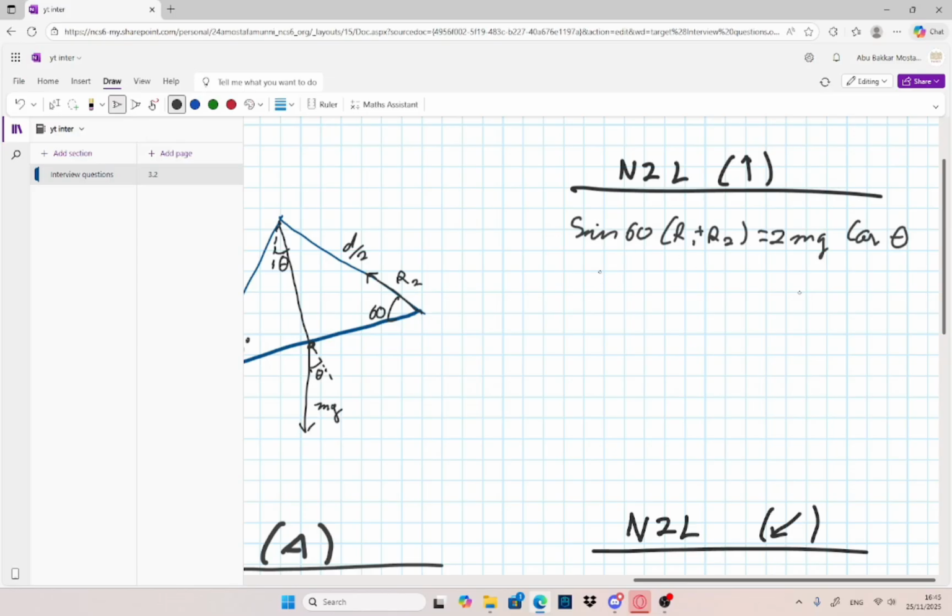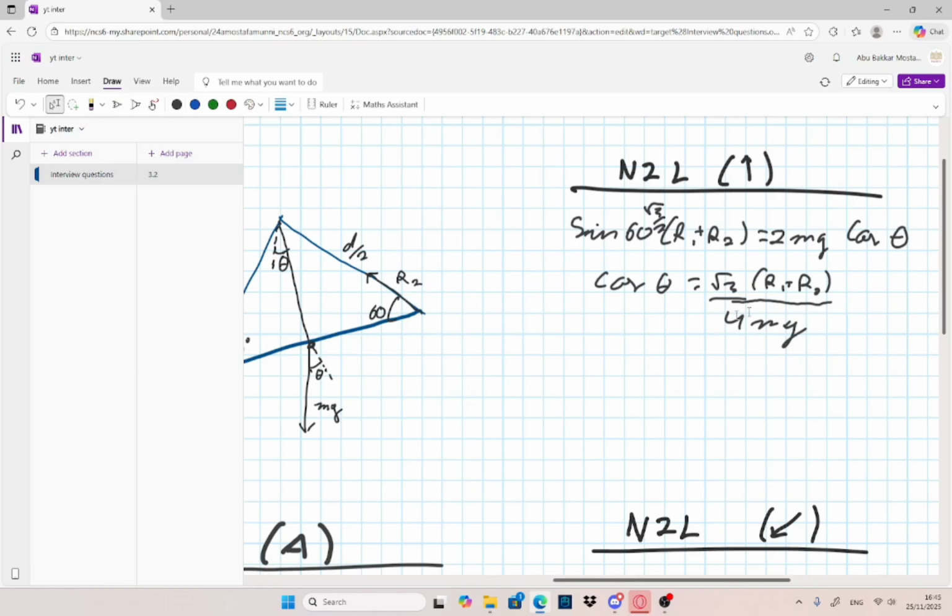Okay, so solving this, if we just rearrange for cos, we know that sine 60 again is root 3 over 2, over the 2 over here. So if we divide that, we have that cos theta is equal to root 3 (R1 plus R2) over 4mg.